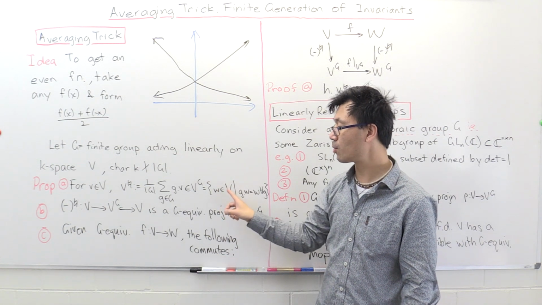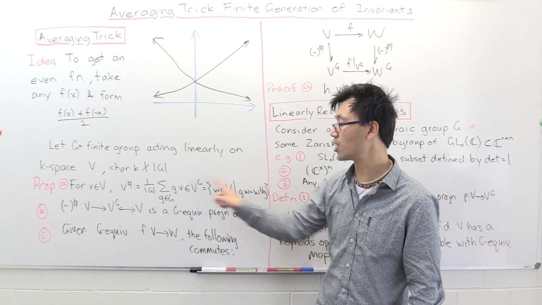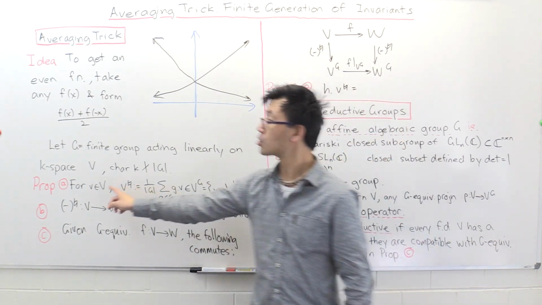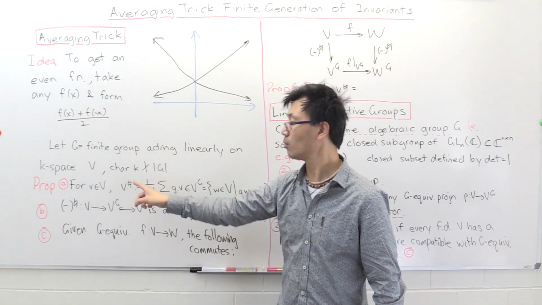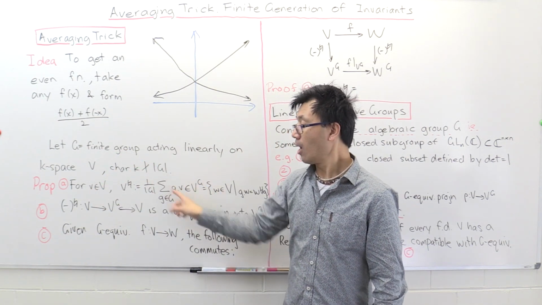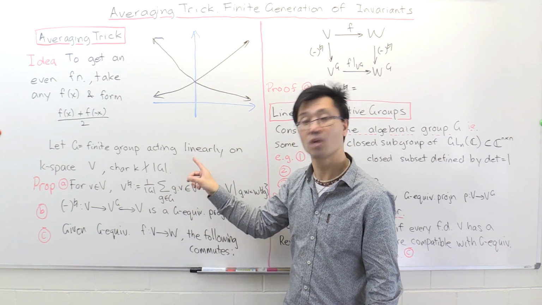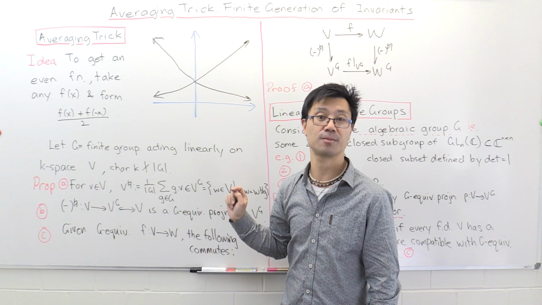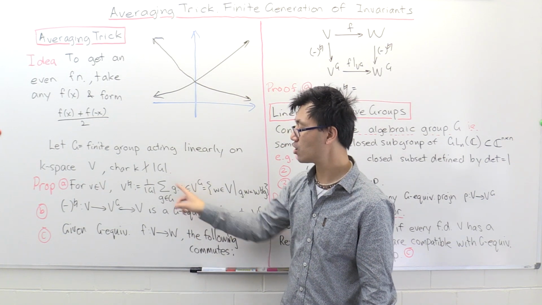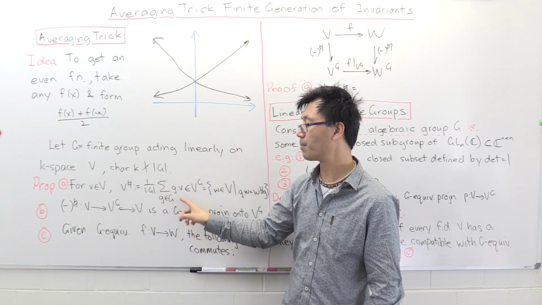So all the vectors w inside V such that g dot w equals w for all group elements little g inside big G. What we're going to do is look at this v, and look at all the images under the action of the group elements, so it's all the g dot v's. We look at the sum over all little g inside big G.